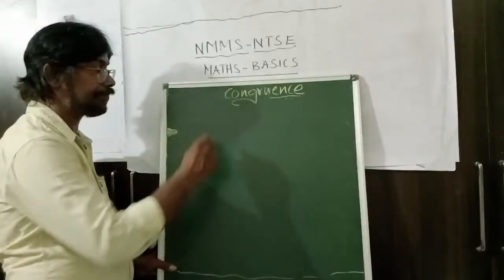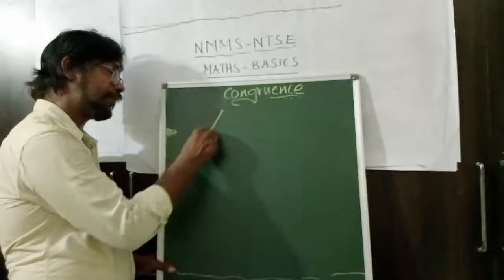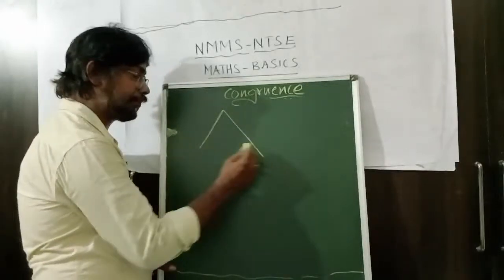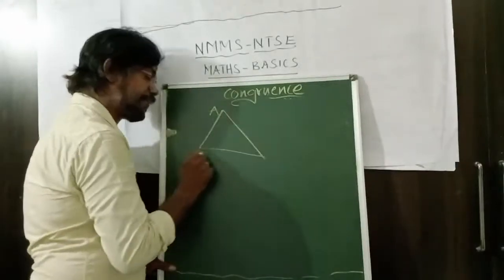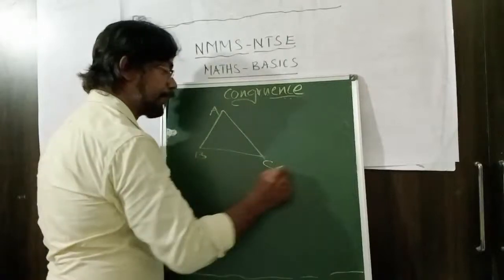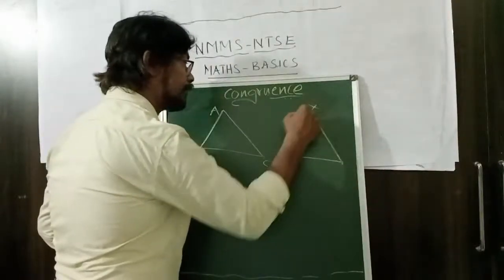The third is ASA. Okay, understand? ABC, XYZ.